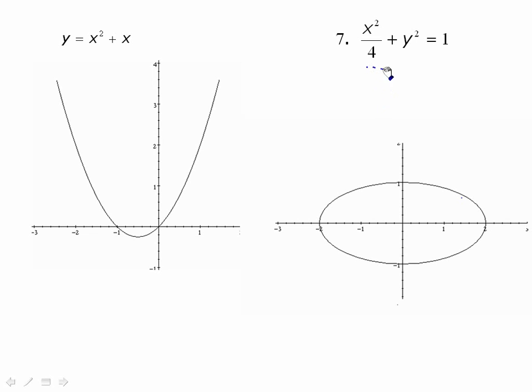The way it is given now, it is symmetric about the y-axis and the x-axis.